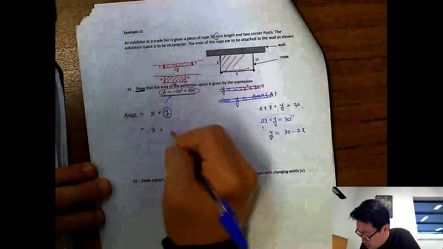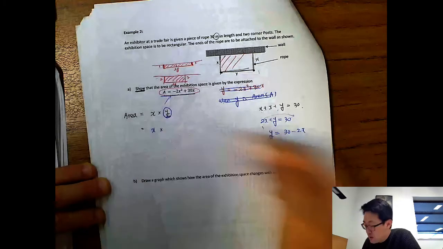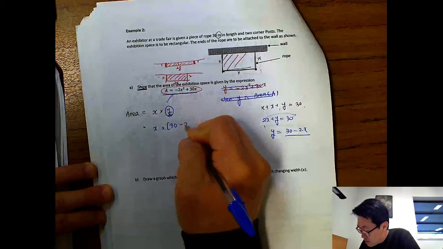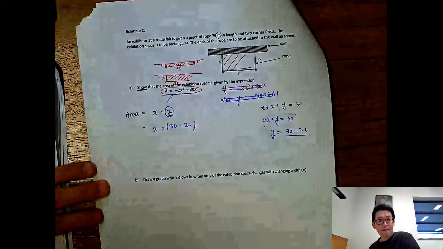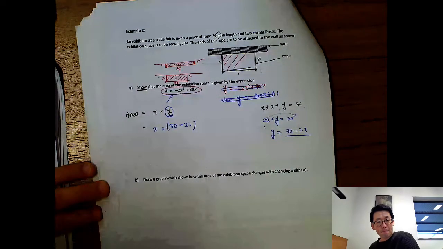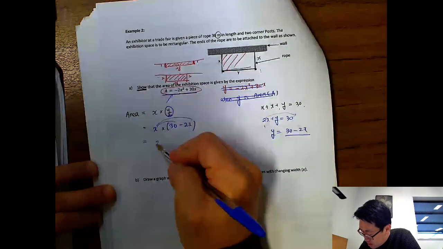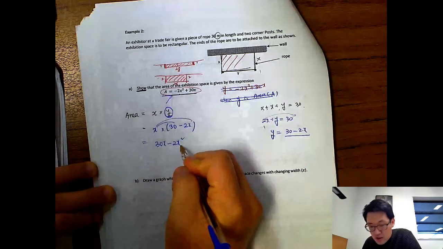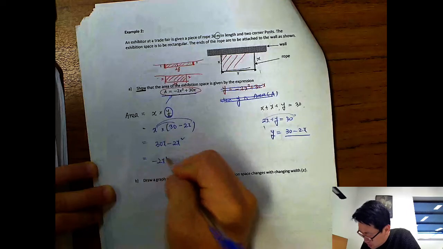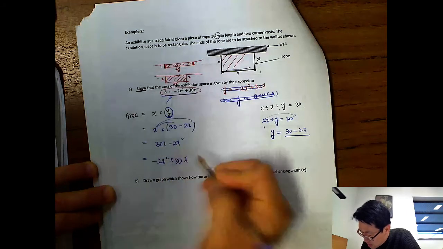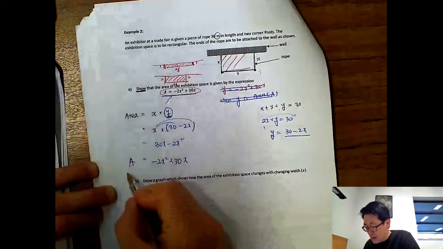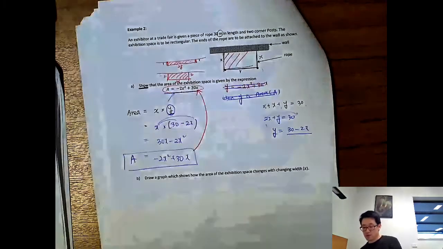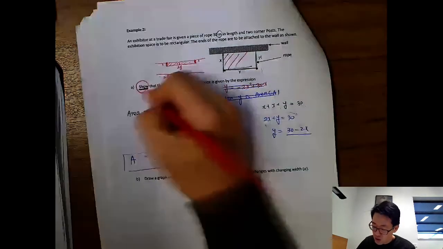So x times, instead of y, I substitute in 30 in brackets minus 2x. Sounds okay? Then open the bracket: 30x minus 2x squared. I usually write the square first in order: minus 2x squared plus 30x, and the area is A, which is the same as that one. So I proved it, or I showed.